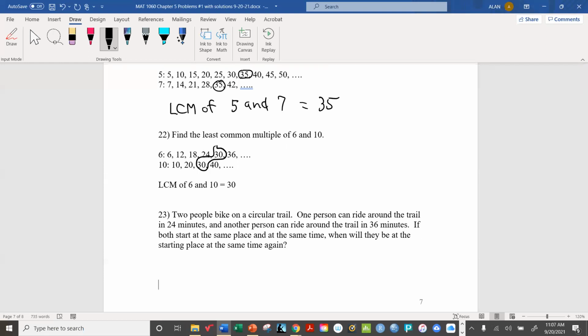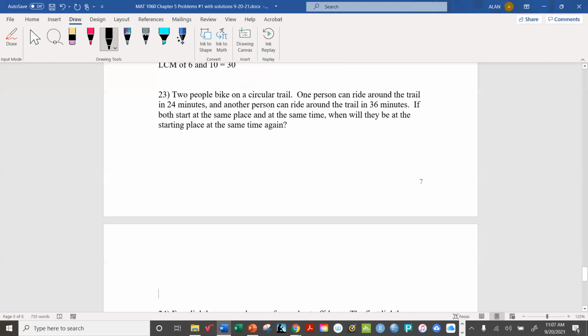So anyway, the challenge to word problems is to figure out exactly what we're being asked to do. And then when you see that, you'll realize it's just exactly like one of the other questions that we already did. Like here, for example, we have two people bicycling on a circular trail. Not unlike the one we have at Purchase. If you drive around that big loop, it is kind of a circle. I think it's more like an oval, but still, you get the idea.